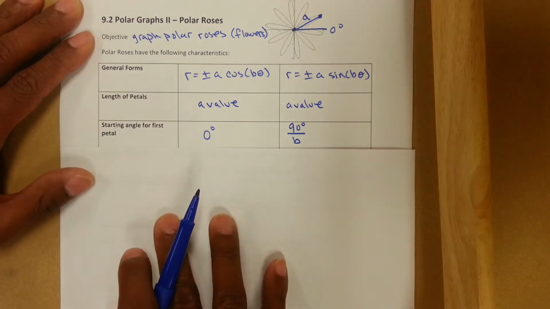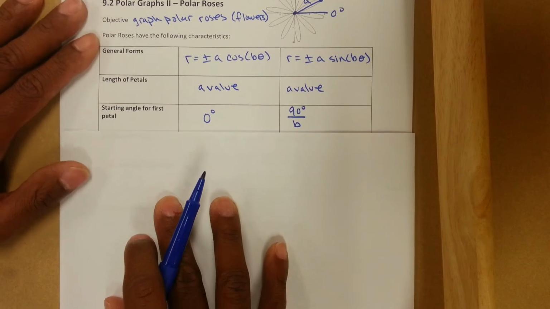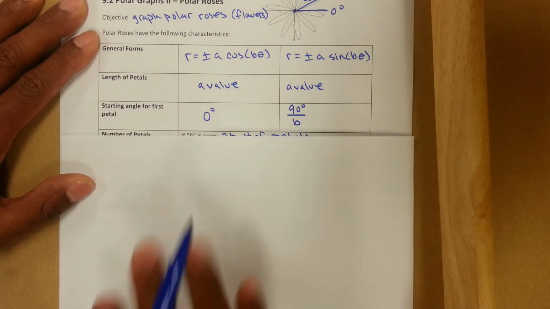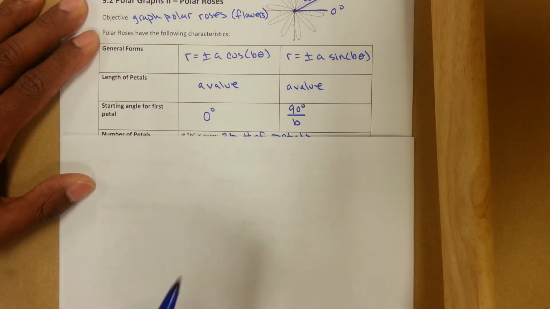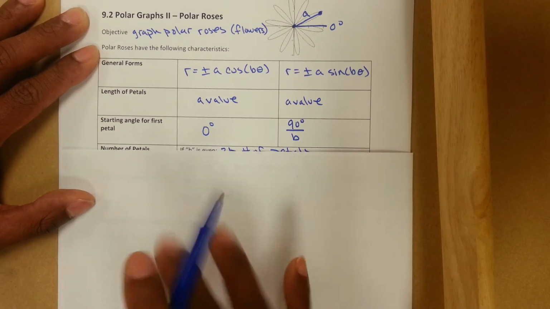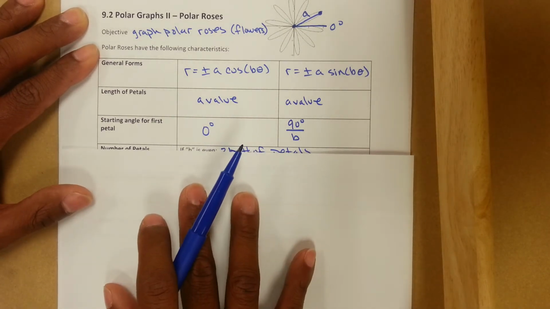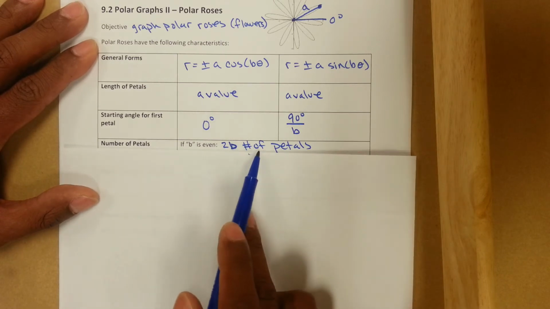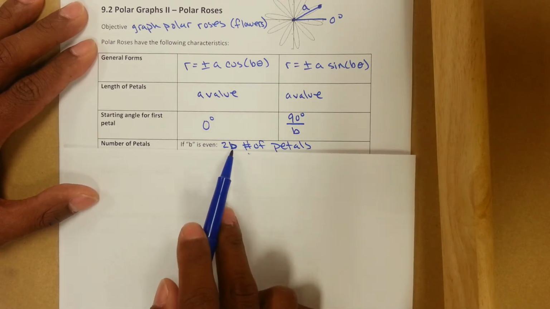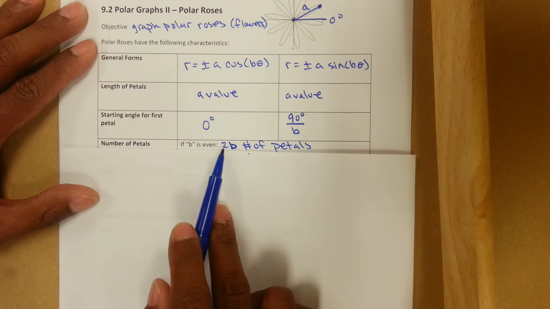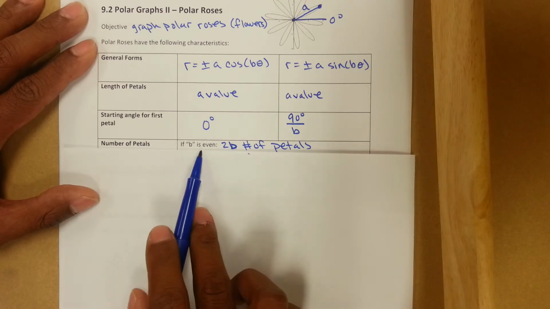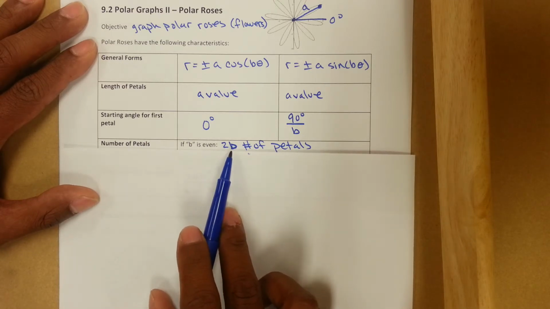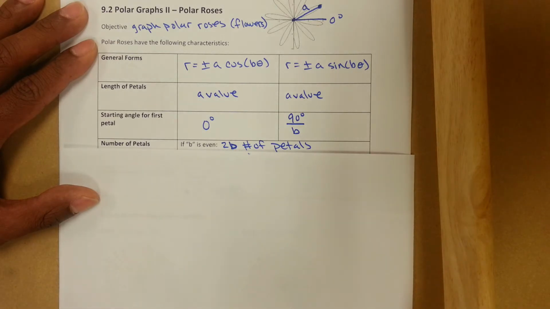Alright? Now, the next thing you need to figure out is how many petals there are. There are two situations, and everything is based on the coefficient of theta. If the coefficient of theta is even, to figure out the number of petals, you're going to take your coefficient and multiply by 2. So if b is even, 2 times b gives you the number of petals.